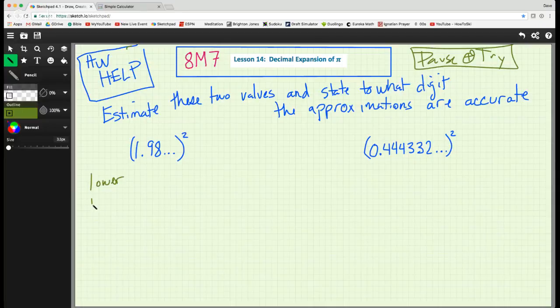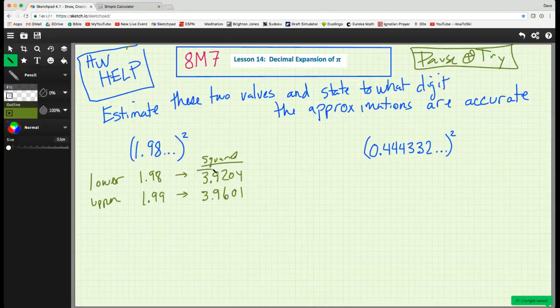So I need my lower and my upper bound. My lower bound is 1.98. My upper bound is 1.99. And so now I'm going to square both of those numbers. And I'm going to use my calculator. Hopefully your teacher is saying that's okay. 1.98 squared is 3.9204, and 1.99 squared is 3.9601.